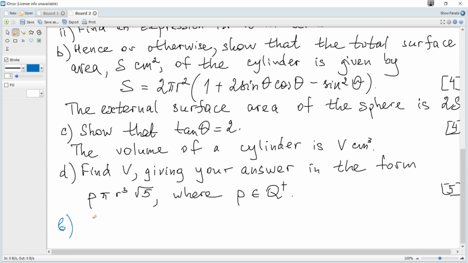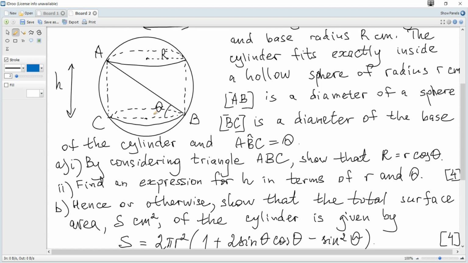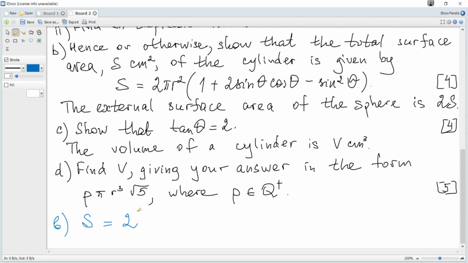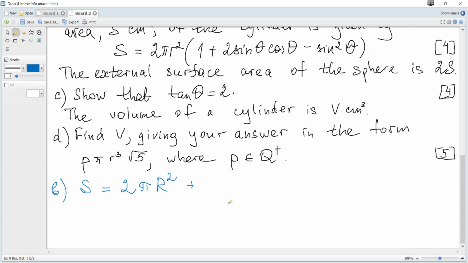It's 2 times the area of each base, and each base is a circle with radius capital R, so it's 2 times pi capital R squared, because there are 2 bases, plus the lateral surface area, which is the circumference 2 pi capital R multiplied by the height h, and we need it in terms of r and theta only.